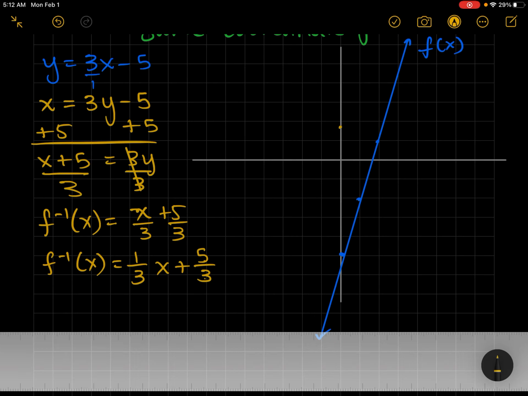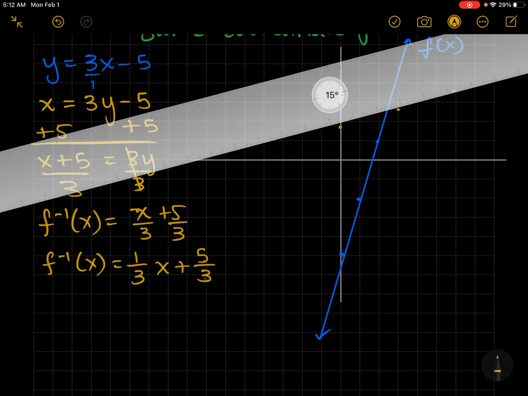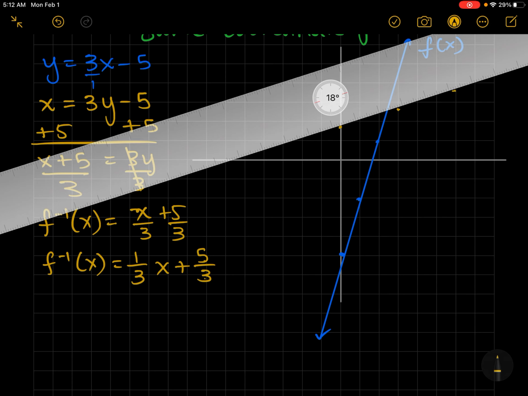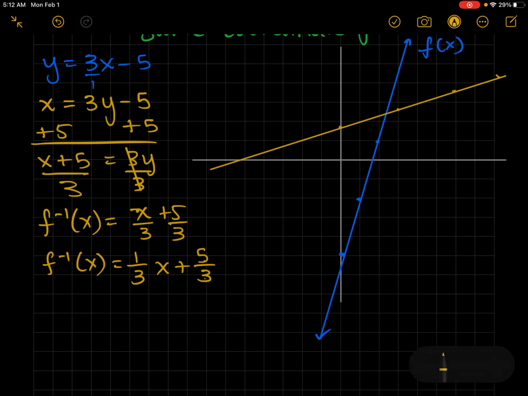And I'm going to go up 1 and over 3, up 1 and over 3, which is approximately there. And now I'm going to draw a line through those points. And we have f inverse of x.